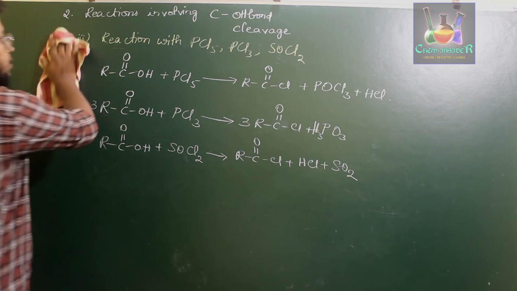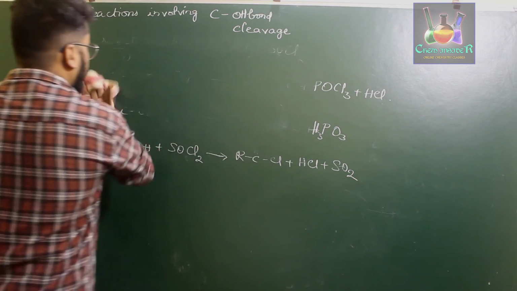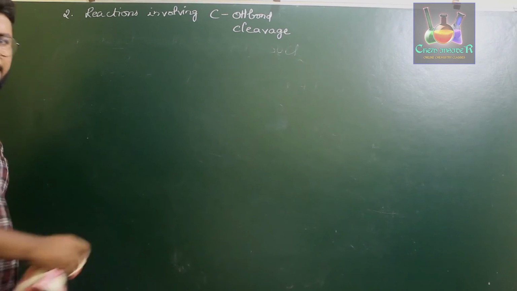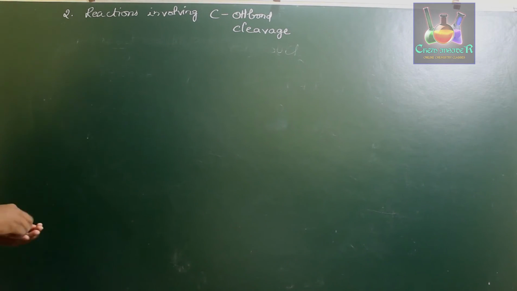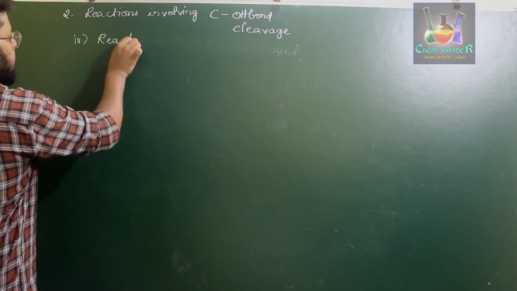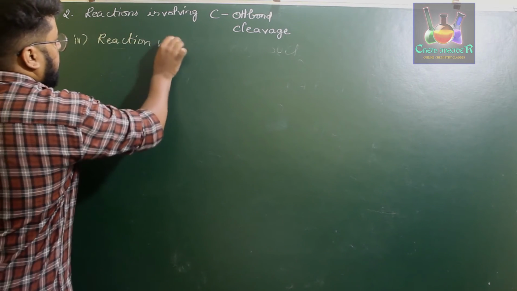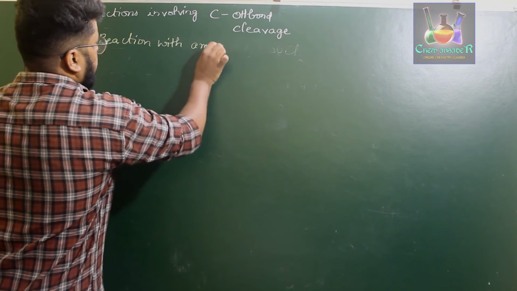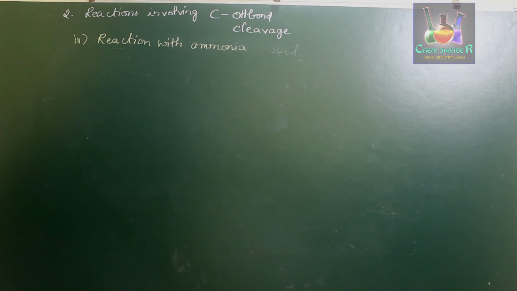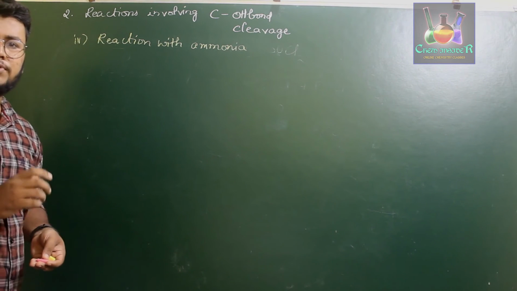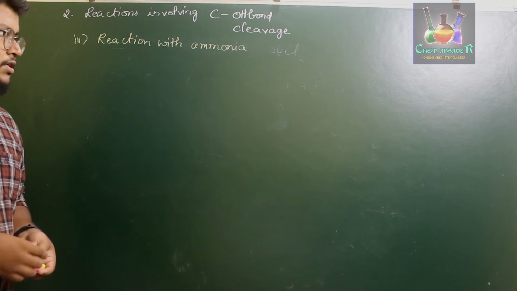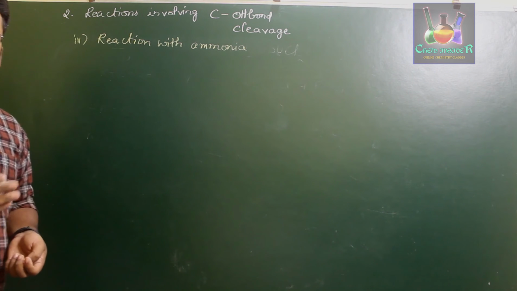So now the fourth reaction, that is of carboxylic acid reacting with ammonia to form amides. When carboxylic acids are treated with ammonia, first they form an ammonium salt of carboxylic acid, which later undergoes dehydration to form amides.